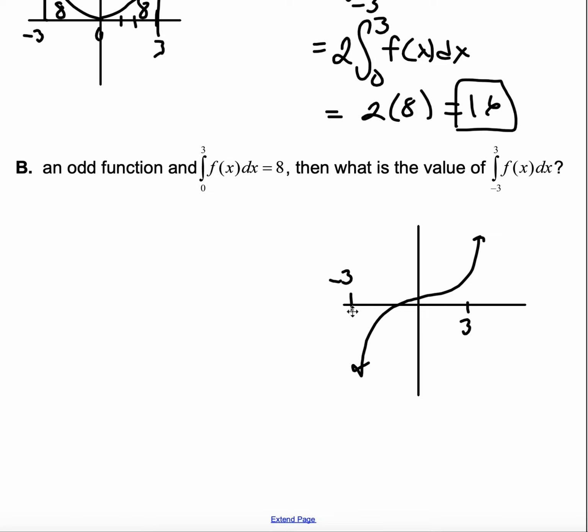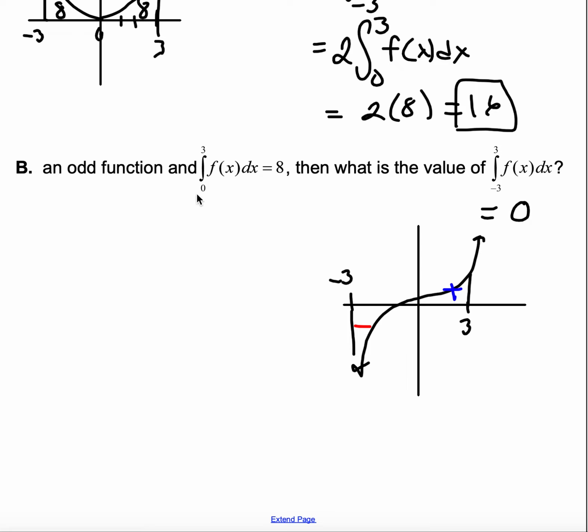We're going to see that these areas should be equal to each other, but the biggest thing to consider is that this one's positive and this area is going to be negative. So this is just going to be the same but opposite signs, and we're going to get 0 because it's going to be the addition of both of those.